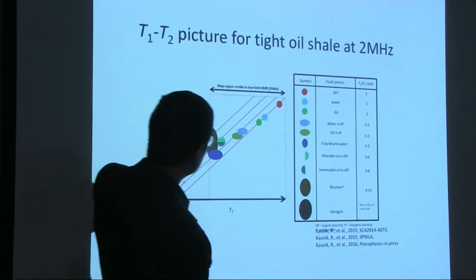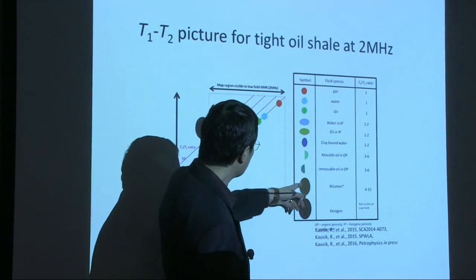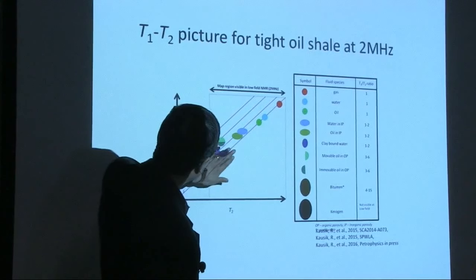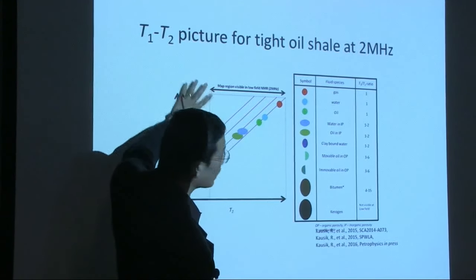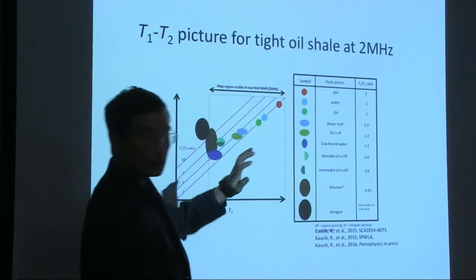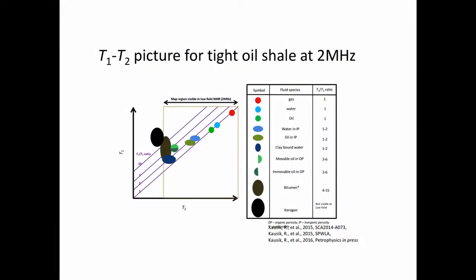For example, kerogen and bitumen are not along this one-to-one line. This is a one-to-one line. They're moving significantly upward, and in these shale materials there's a lot of them. So it's very important to be able to quantify that.